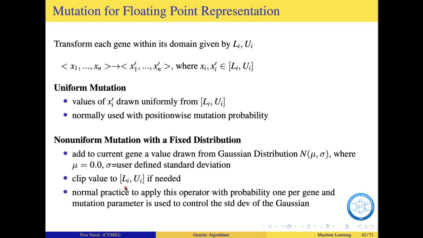And we clip the value to this interval if needed. So if it falls outside this interval, then we clip as needed. The normal practice is to apply this operator with probability 1 per gene, and the mutation parameter is then used to control the standard deviation of the Gaussian.